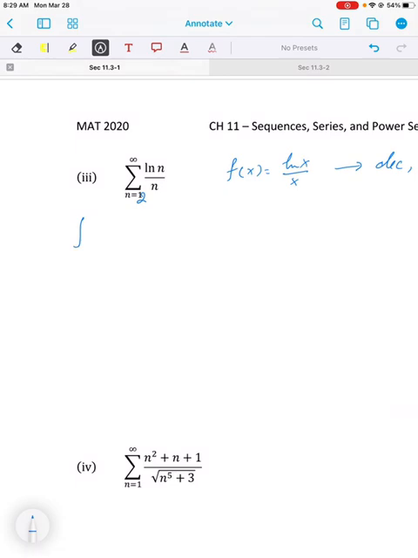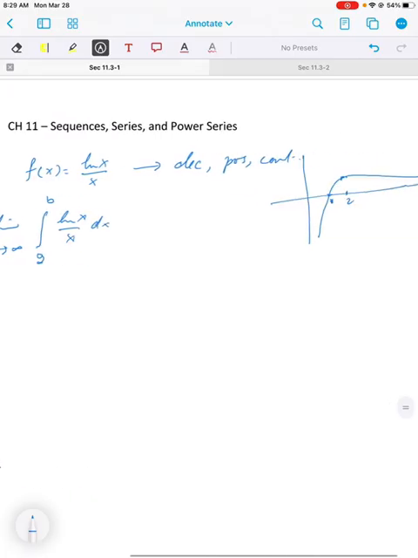We are now going to find the integral from 2 to infinity of ln of x over x dx, which is the limit as b goes to infinity, not x, because x is being used inside, of the integral from 2 to b of ln of x over x dx.